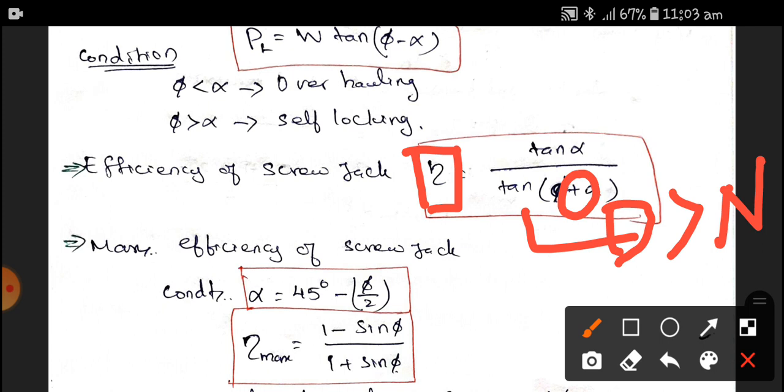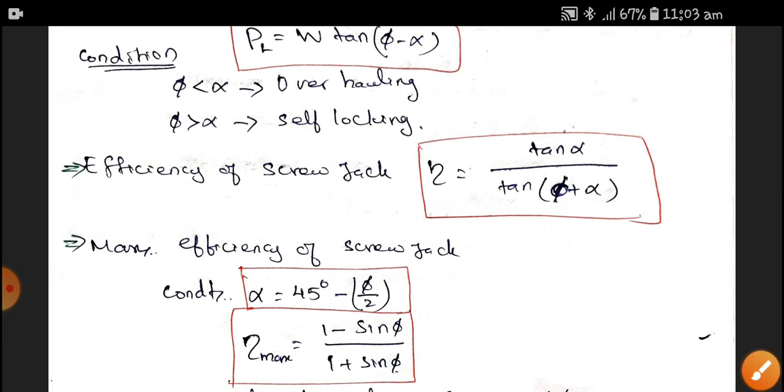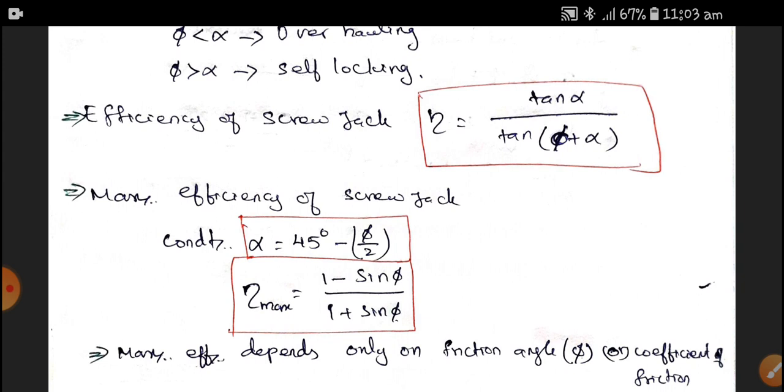If the denominator is lower than the numerator, then the efficiency will be more than 100%. That does not happen in any machine. Always the output is less than the input. That is the natural law you have to understand for an efficiency formula.